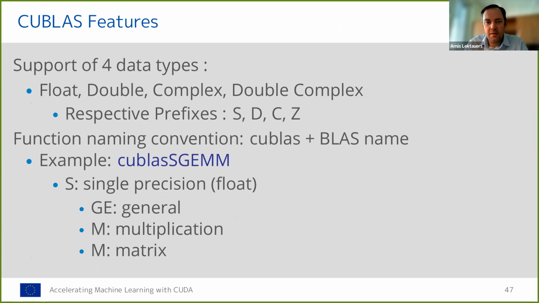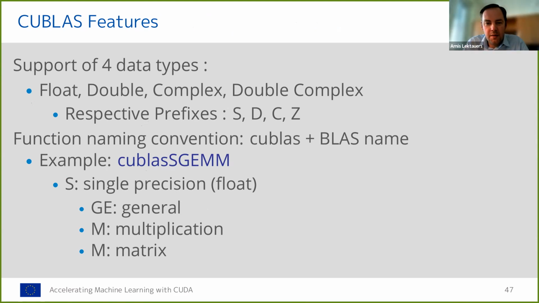cuBLAS supports 4 data types, including single precision float, double precision, complex and double complex numbers. Every BLAS function has a cryptic name, but from these characters we can know what functionality is supported.